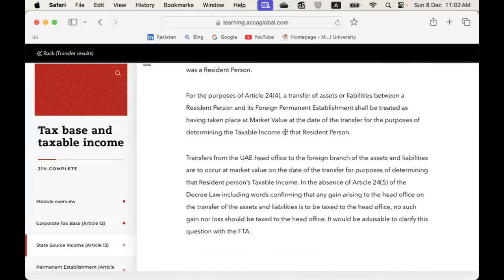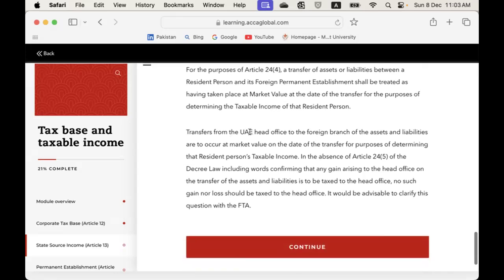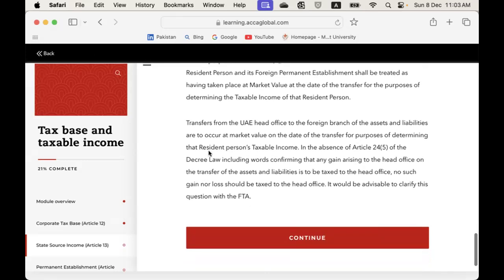Basically, what they are saying in clause 4 is that asset transfers will be as if they are happening between related parties. The transfer of assets and liabilities from the UAE head office to the foreign branch is to occur at market value at the date of the transfer, for determining the resident person's taxable income.